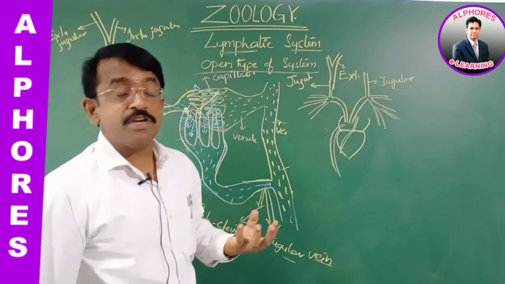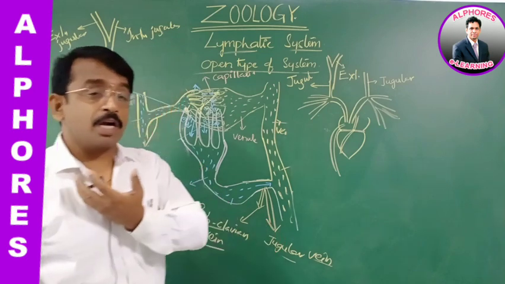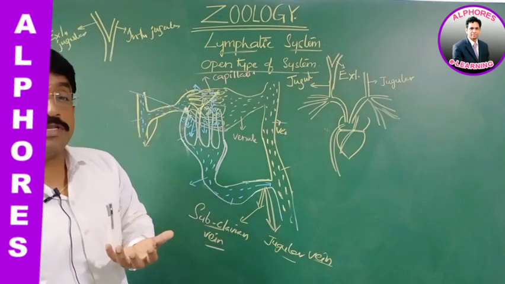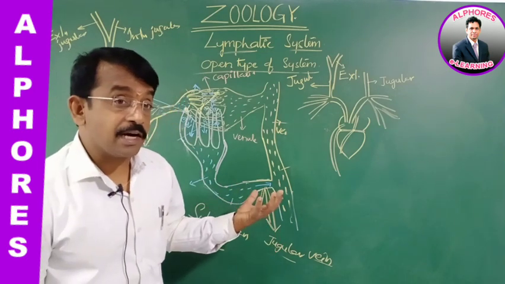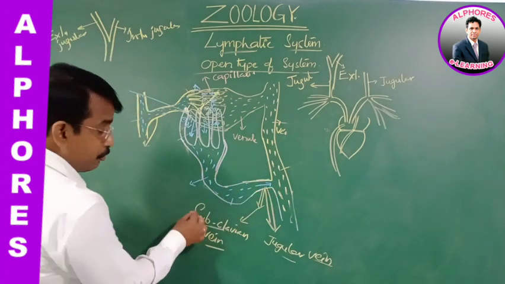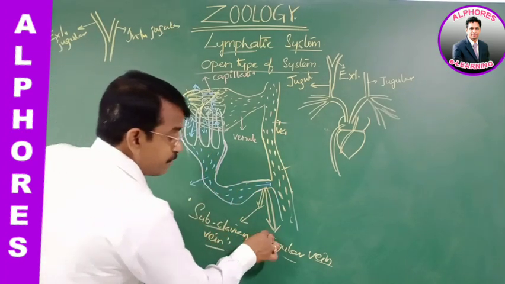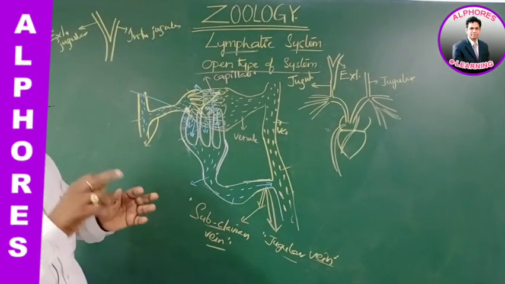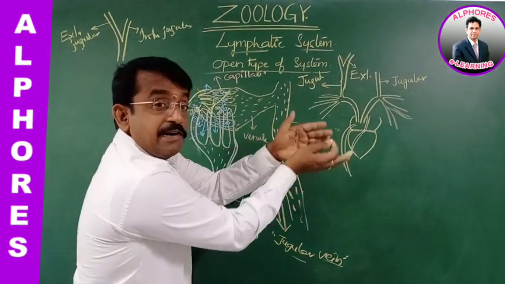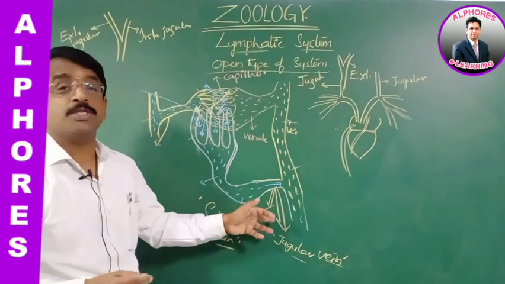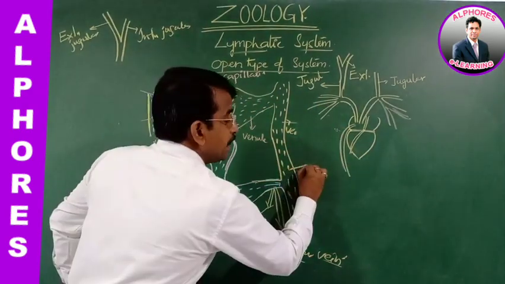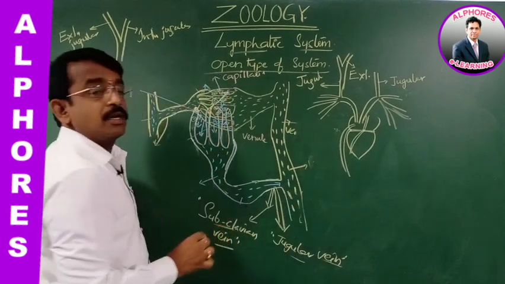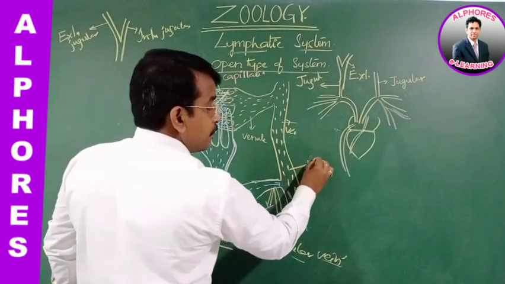Next, the subclavian vein collects from the neck and shoulder region. At the junction of the subclavian and jugular vein, which is collecting the blood, it drains the lymph into these. That is how it finally enters into the venous blood circulation.